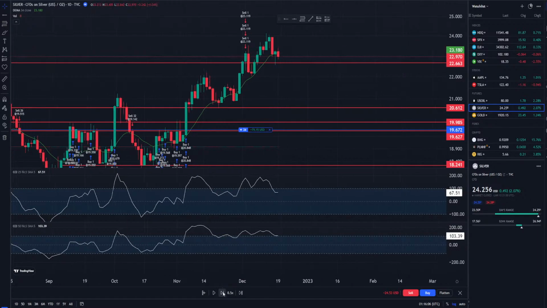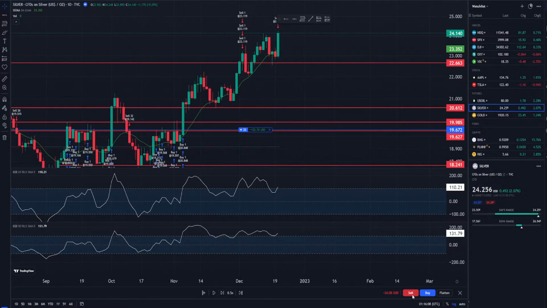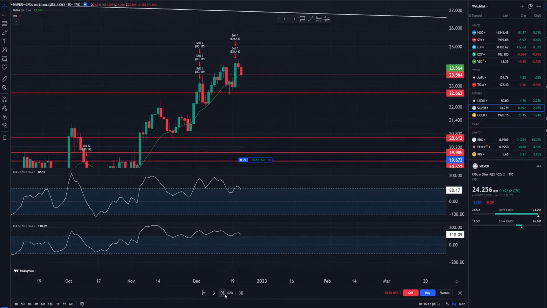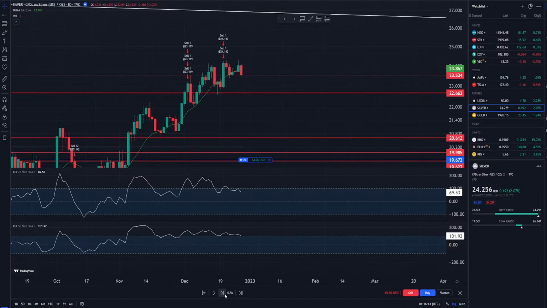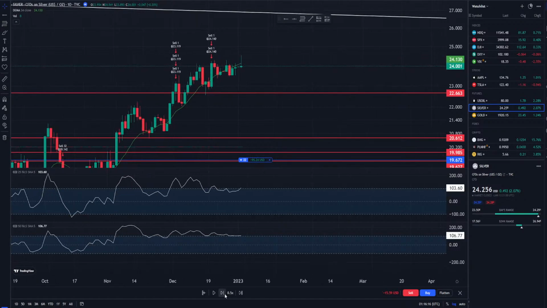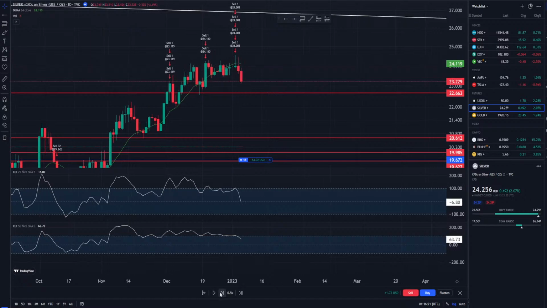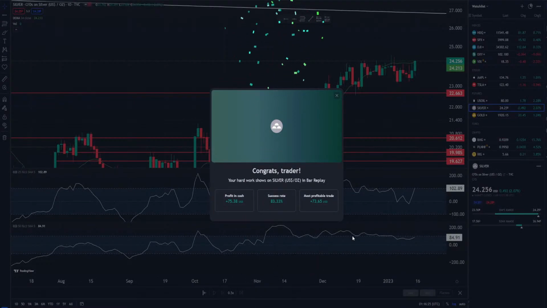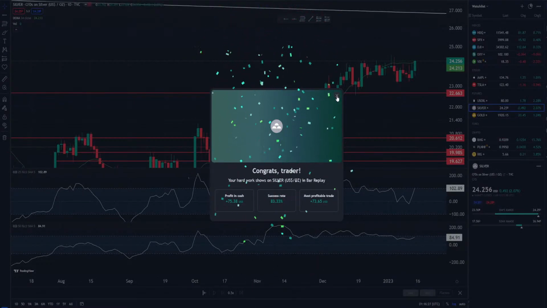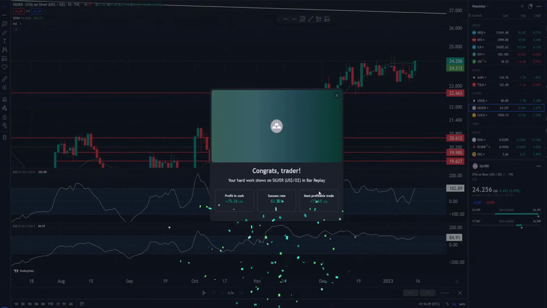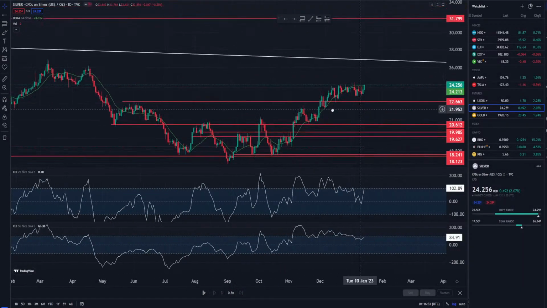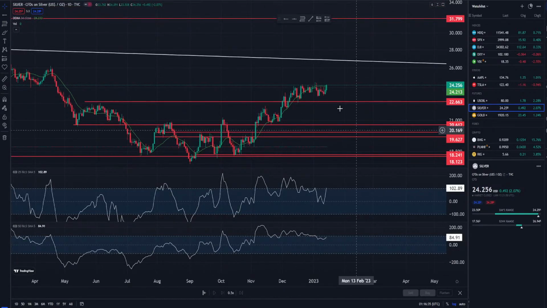Could have cut some there. Definitely cut a little bit there. That's where we're at with silver right now. Not a bad little trade that we were in. I think silver's gonna keep going up though. It's kind of curling a little bit.